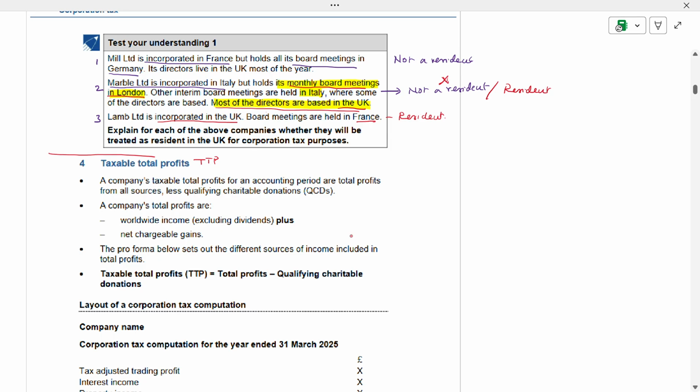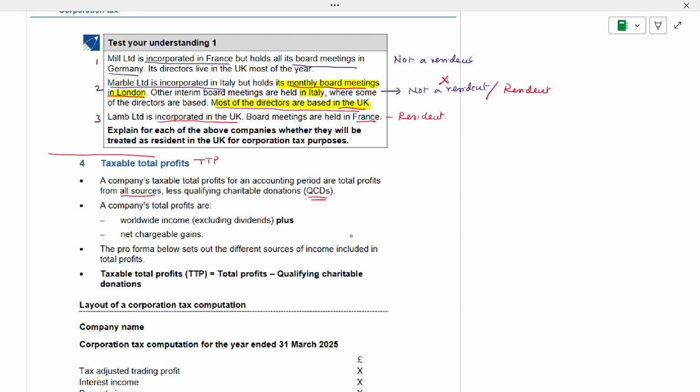Slowly we are moving upwards. Taxable total profits: there is a format, and you have to follow the format precisely. A company's TTP for the accounting period is total profits from all sources less QCD. We use the word qualifying charitable donations. A little bit of differentiation will be there.